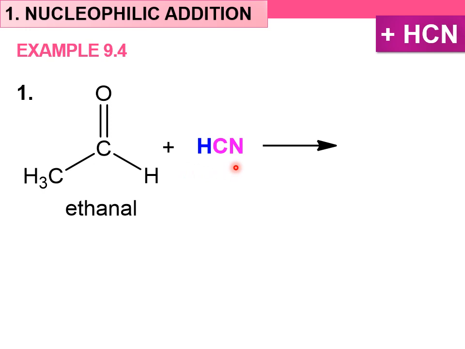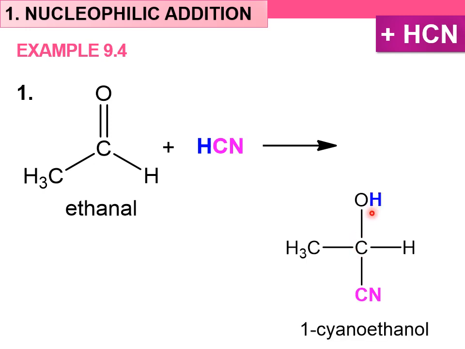What happens in nucleophilic addition is that the nucleophile will attack the carbonyl group from below, so that it is going to attach to the carbonyl carbon together with the H+ that is coming in with HCN, the reagent, and the compound that we got from ethanal here is called 1-cyanoethanol.